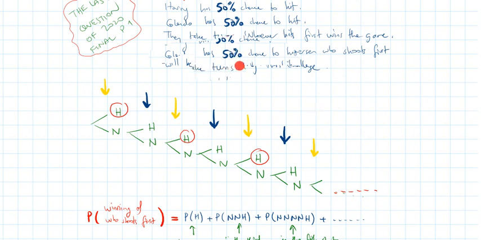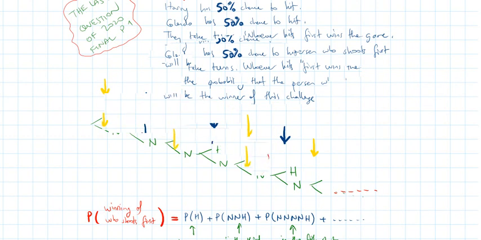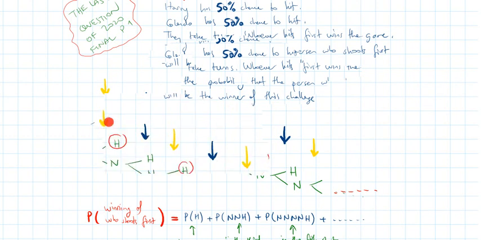Whoever hits first wins the game. So the question asks, find the probability that the person who shoots first will be the winner of this challenge. So it doesn't matter who shot first. That's why I put yellows and a blue one. So the yellow person, whether it is Harry or Glenda, will be shooting first, and actually he can win in the first shot.